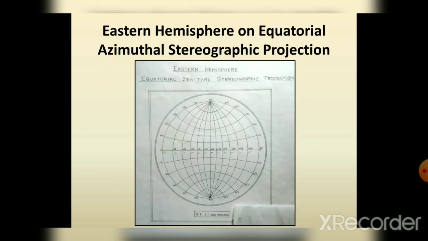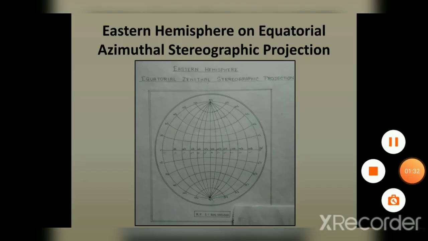Follow it. In the construction part, I would like to mention one important aspect. Just look at the table of the radii of parallels of latitude and the radii of the meridians. You will find that for 15-degree values, the radius length is very large.